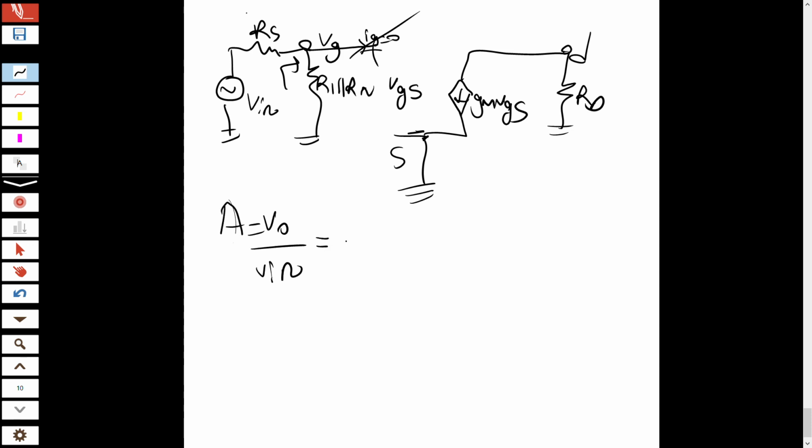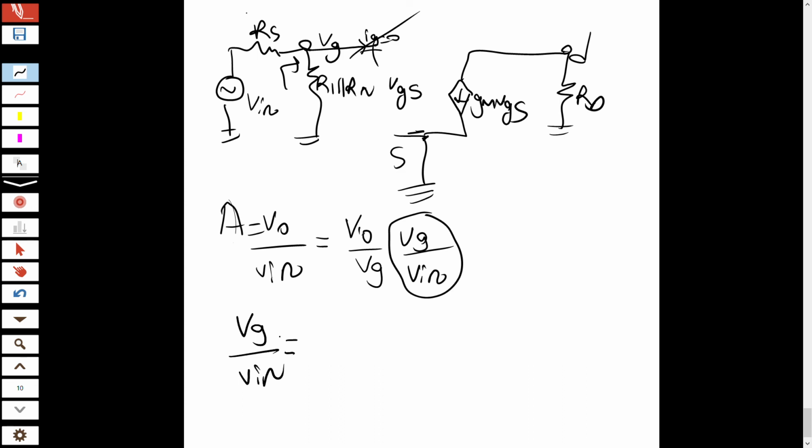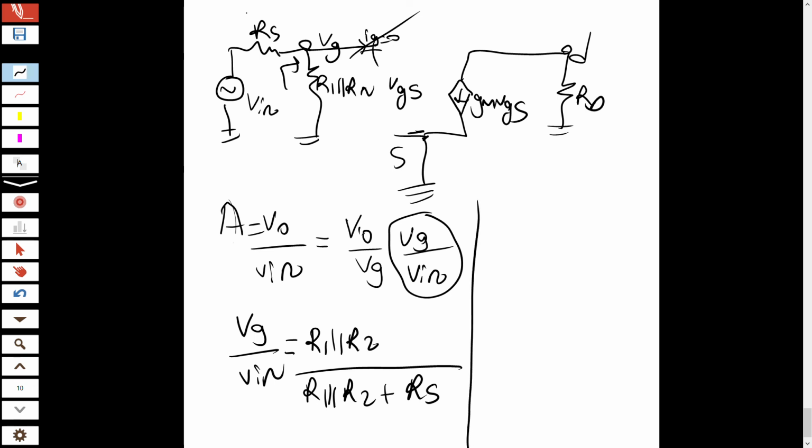So this has two parts, V output over V gate and V gate over V input. I know V gate over V input. When I look at the circuit, V gate over V input equals, there is a voltage divider here, R1 parallel R2 over R1 parallel R2 plus RS. So what is V output over V gate?